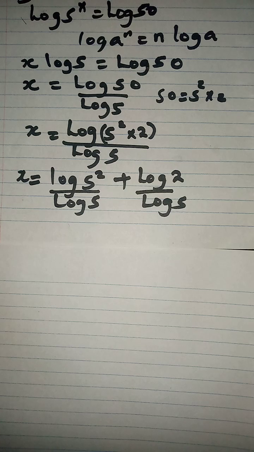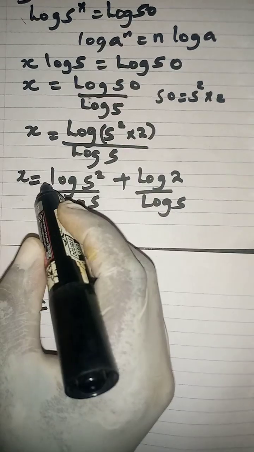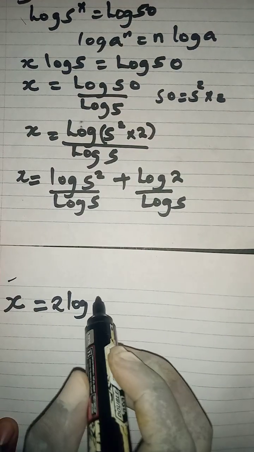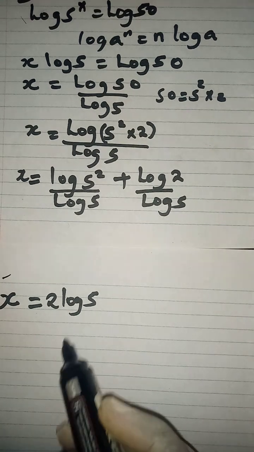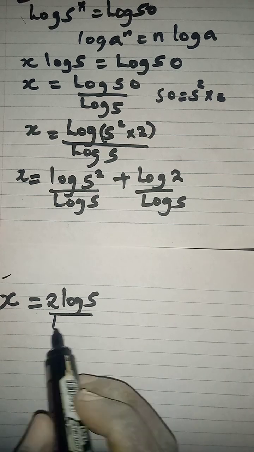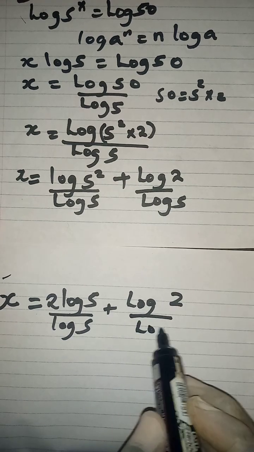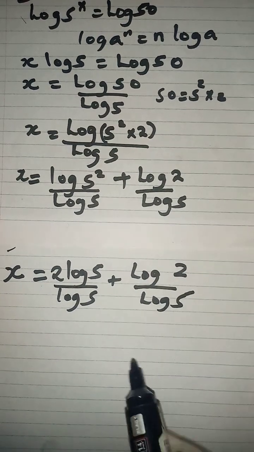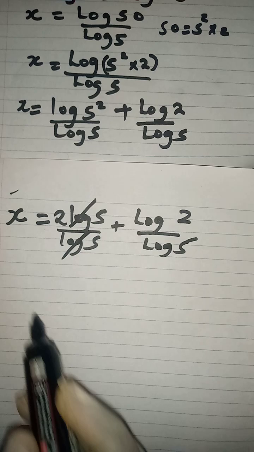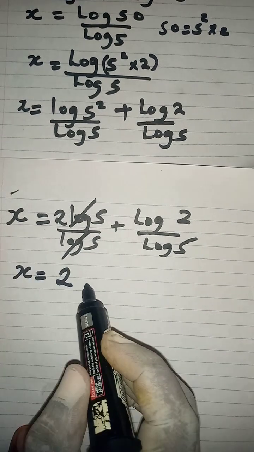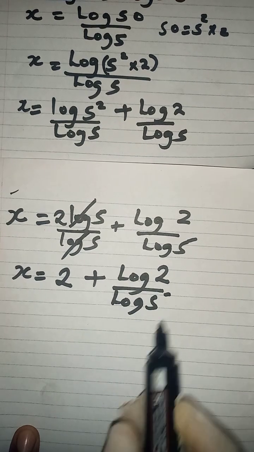So I'm going to write x is equal to the power coming down, so 2 comes down like that, then divide by the log of 5, plus the log of 2 divided by the log of 5. Well, you realize that log 5 and log 5 are going to cancel, and then I'm going to get x is equal to 2 plus the log of 2 divided by the log of 5.